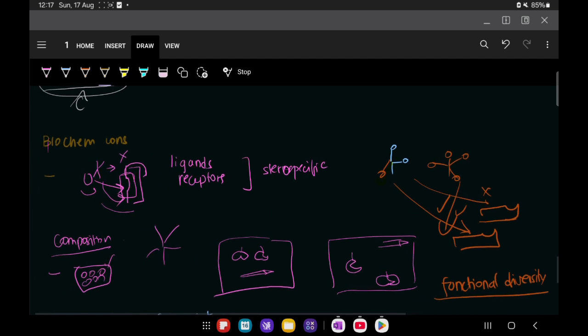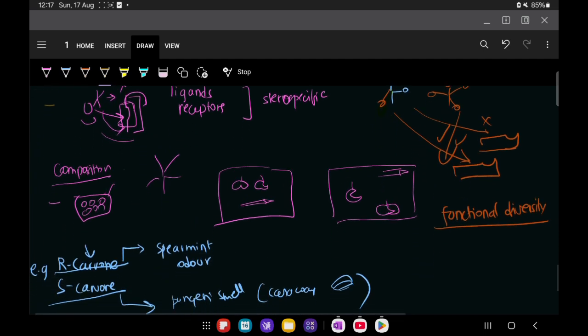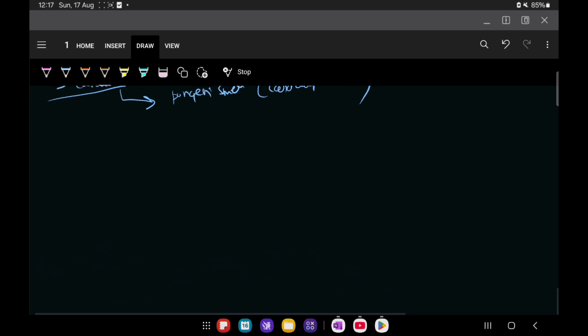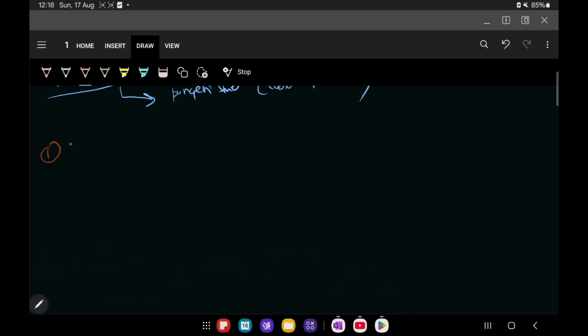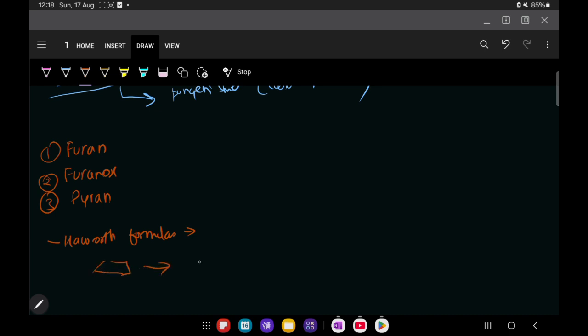And we have other compounds we can get into: furan, furanose, pyran, and something called Haworth formulas, which we'll cover in another video, where we convert a Fischer structure into Haworth, right?